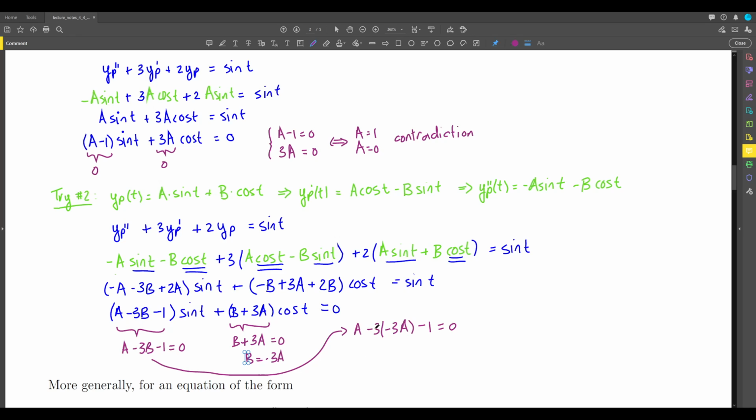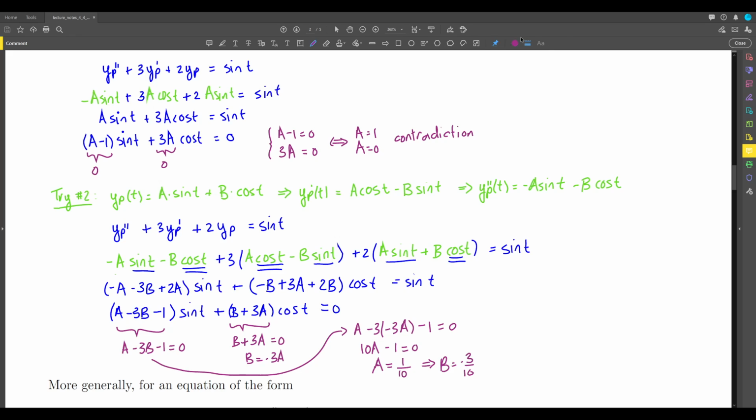That's negative 3 times negative 3 is positive 9. So this gives us 10a minus 1 equals 0. And so a equals 1 over 10. And that means b being equal to negative 3 times a, it follows that b equals negative 3 over 10.